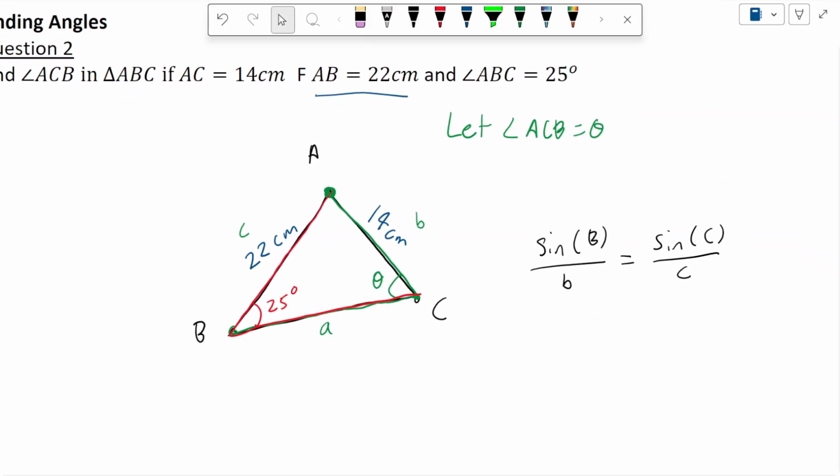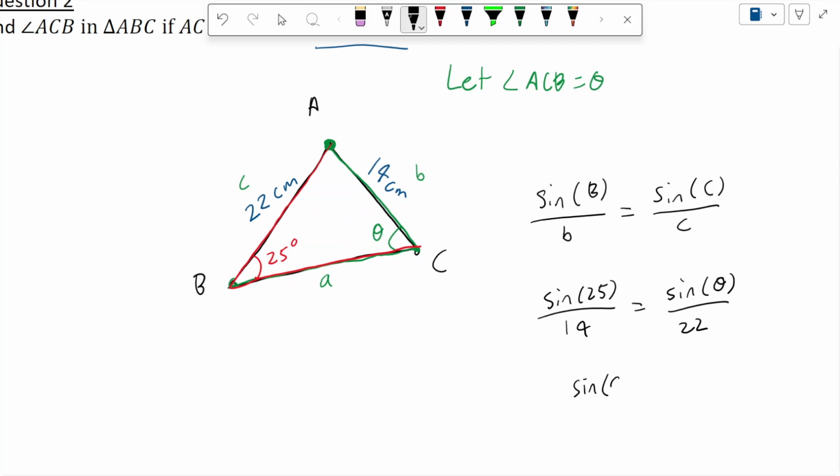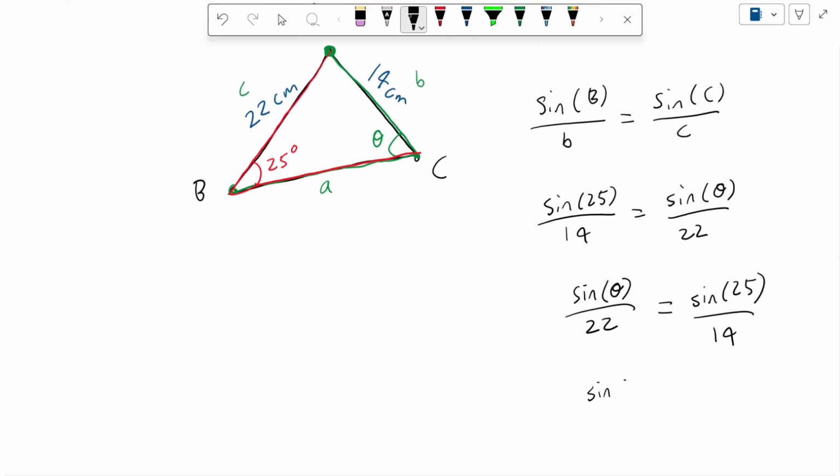Okay, now let's put in everything we have. So this is sine of 25, that's the B value. The little b value is 14. And then we have sine of theta over 22. So first of all, I'm actually going to swap the order of that. Times by 22.